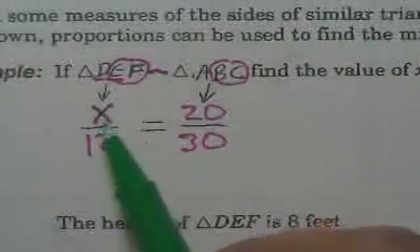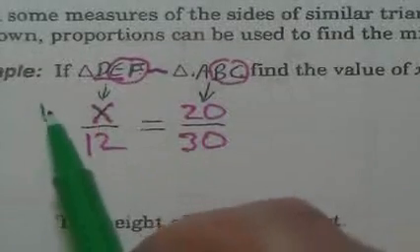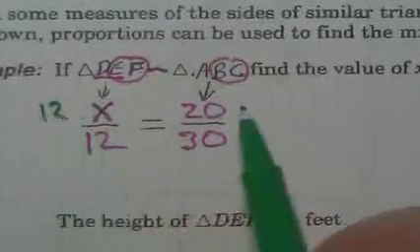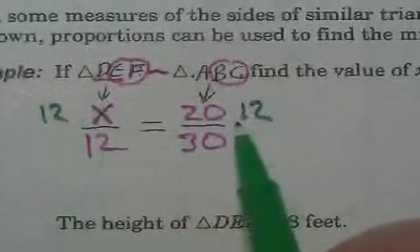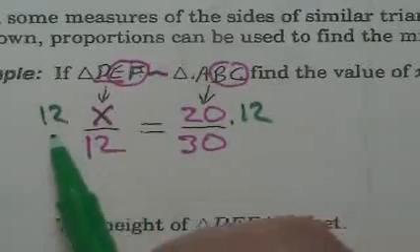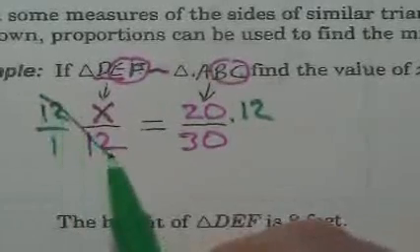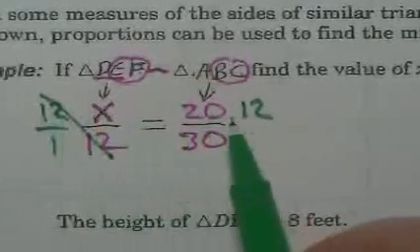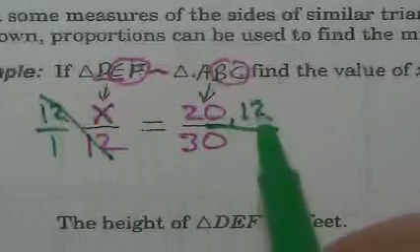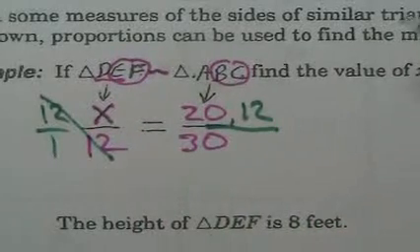Now we solve the proportion for X. If I multiply by 12 over here and multiply by 12 over there, see that? And that's gone. And X equals 20 times 12 over 30. Let's do some reducing here.